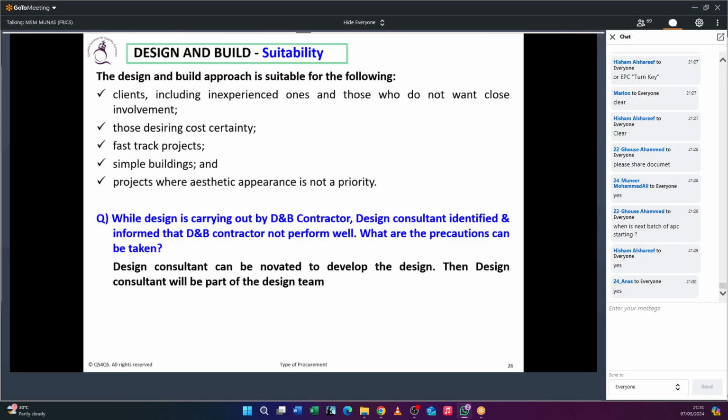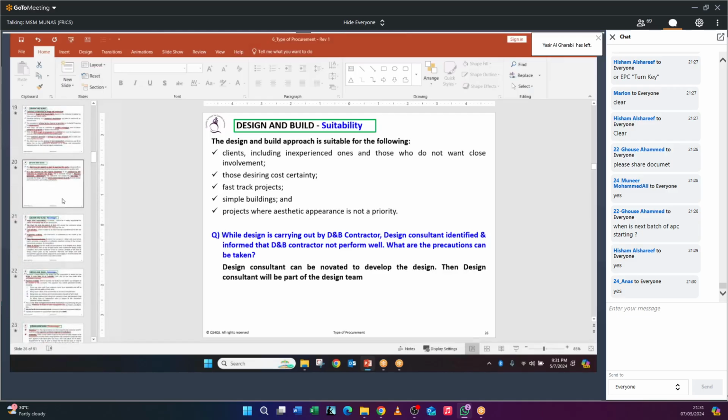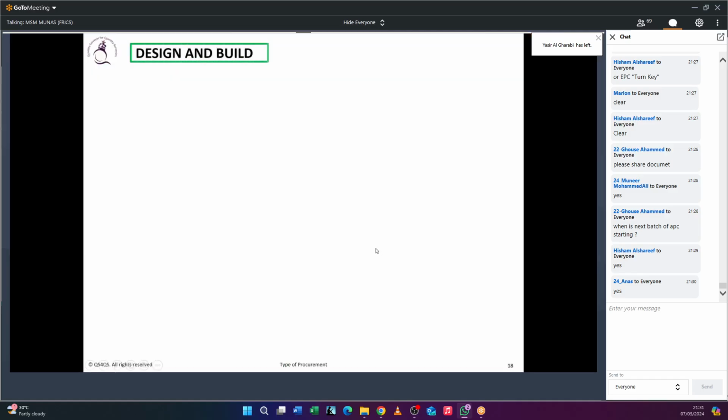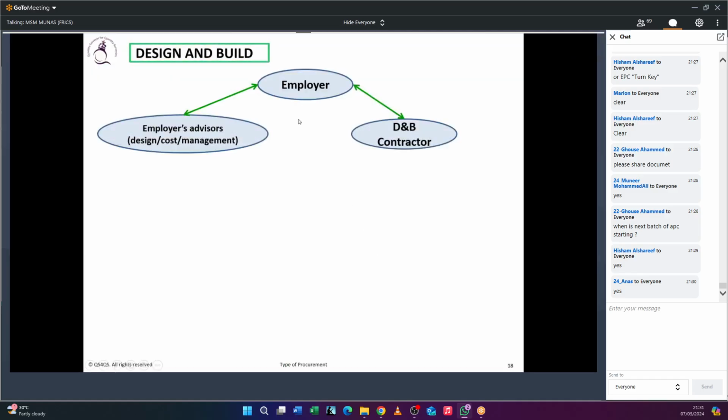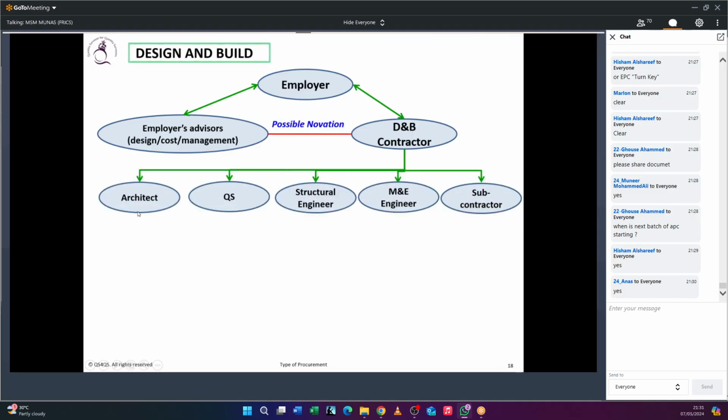Okay, now in design and build, see the structure here. Who has the contractual relationship between the employer and the contractor? The contractor, right? The contractor is the one having the design team.